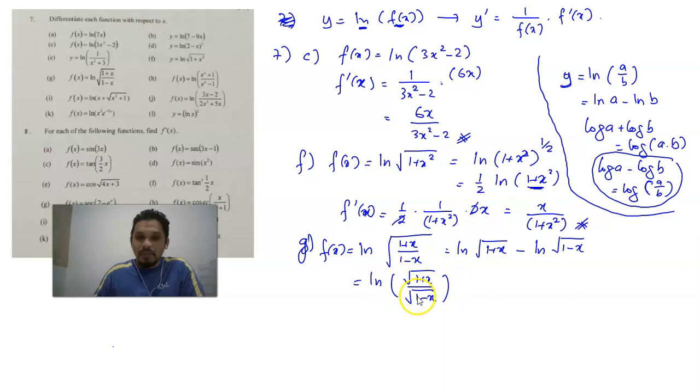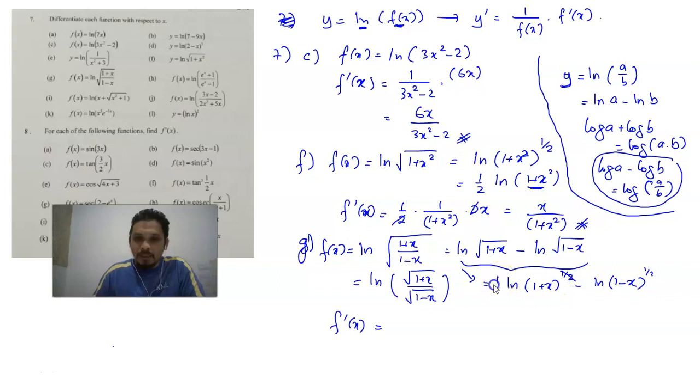Log A divided by B equals log A minus log B. So then f prime(x) equal to, we're going to use this one now. Square root means that natural log of 1 plus x to the power of half minus natural log of 1 minus x to the power of half.